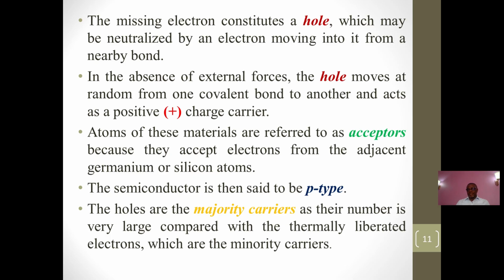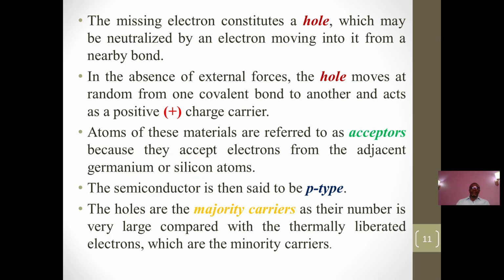Recall here, the outer valence electron of the material you are using to dope or you are introducing as impurity material has 3 valence, and you are adding into, let's say, germanium that has 4. So only 3 of the germanium and that of the boron will form covalent bond.